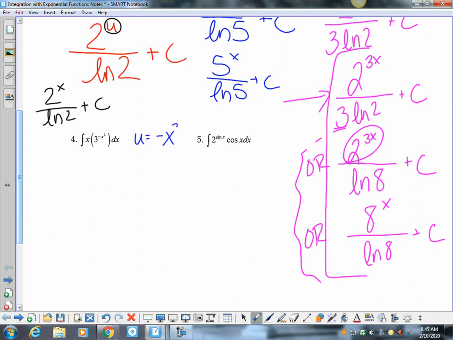If I let my u be my power, then my du is going to be negative 2x dx. And I have the x and the dx. I need a negative 2, so I'm going to balance it with a negative 1/2 integral of 3 to the u du.